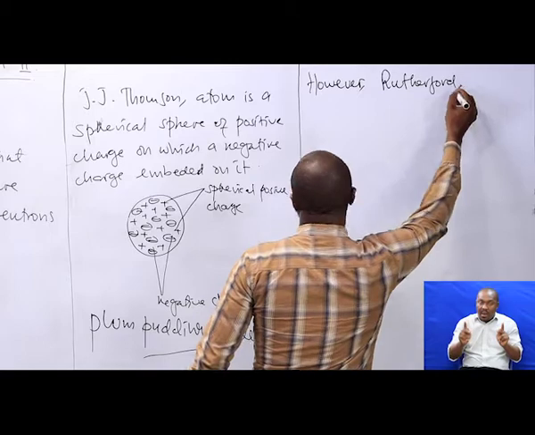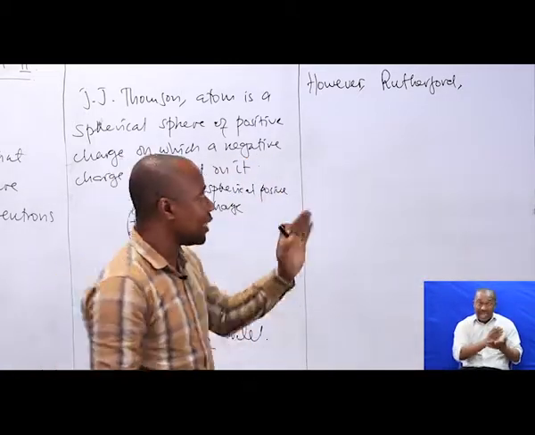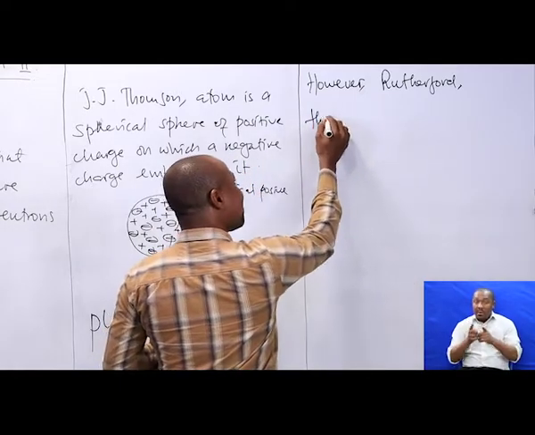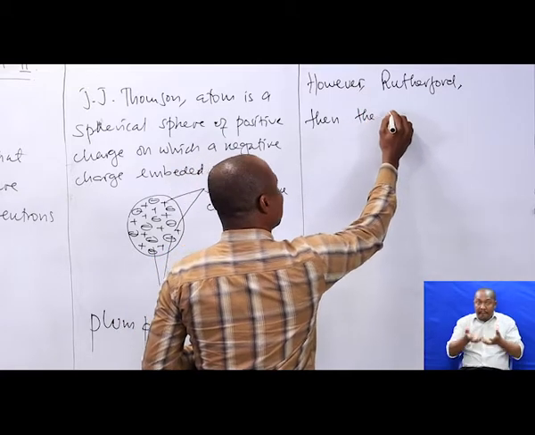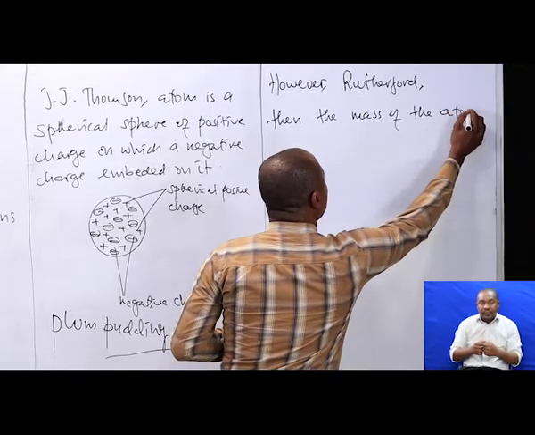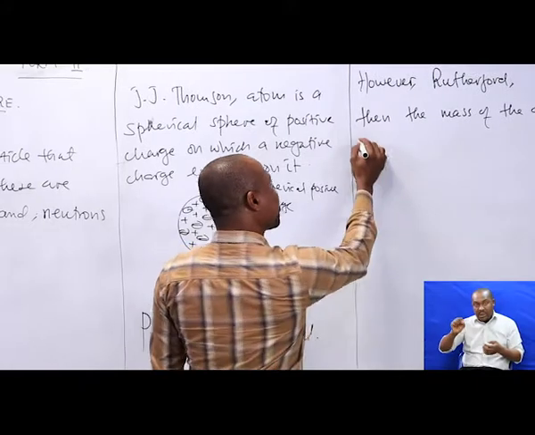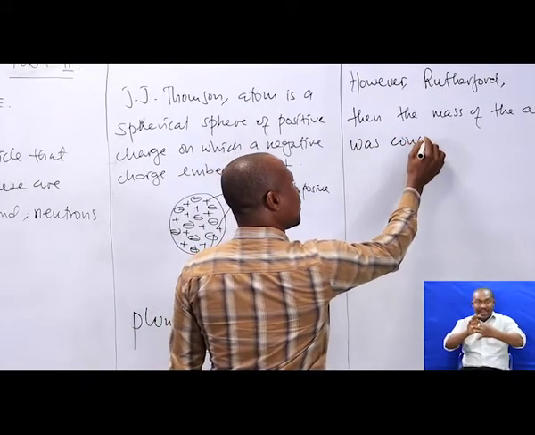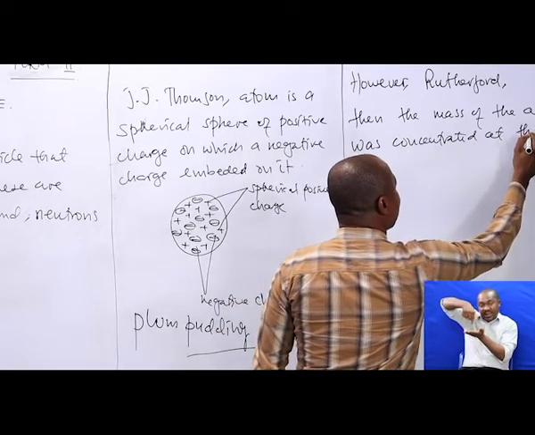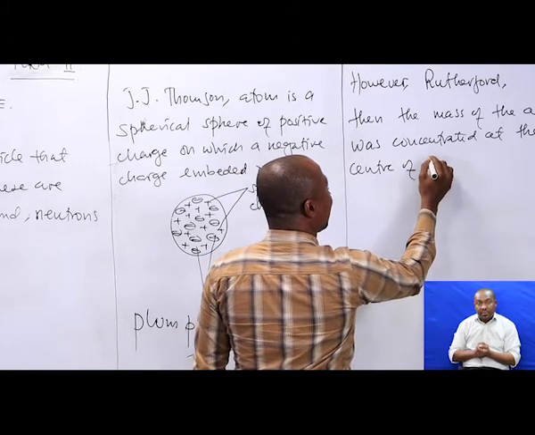He came with the assumption that if J.J. Thomson was correct, then the whole mass of the atom was concentrated at the center of the atom.